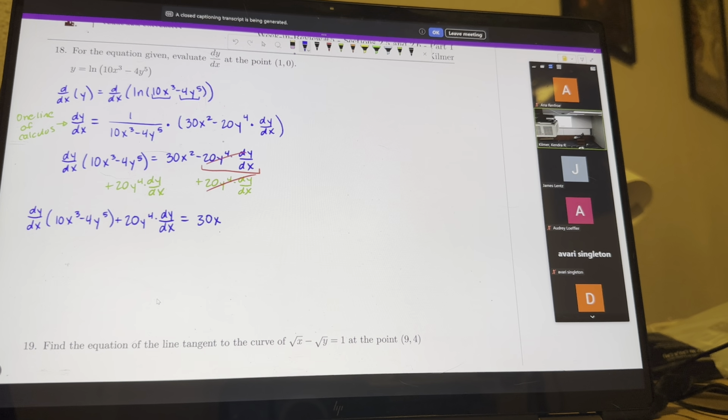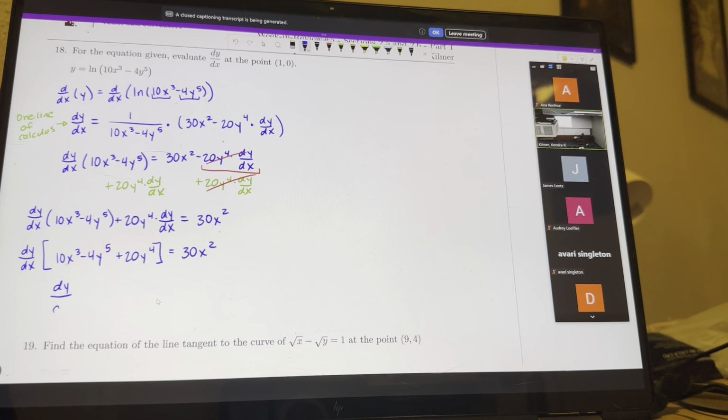And on the right-hand side, we'd have 30x squared. Okay, and so we need to pull the dy/dx out in front, right? So if I pull the dy/dx out of this first term, I'm left with 10x cubed minus 4y to the 5th. If I pull the dy/dx out of the second term, I'm left with a plus 20y to the 4th. My right-hand side remains unchanged.